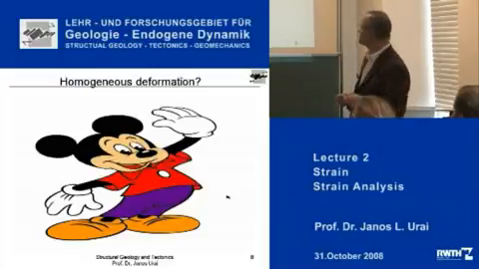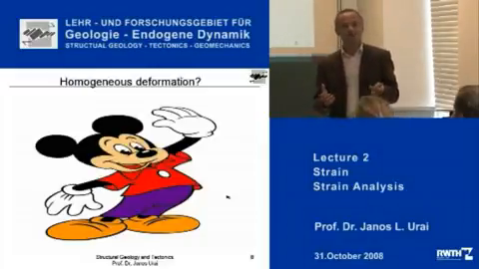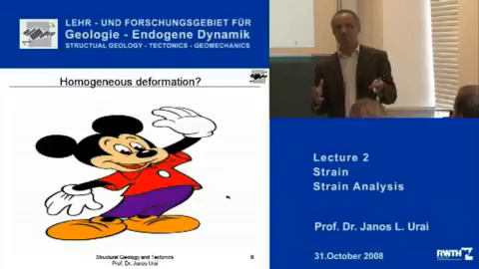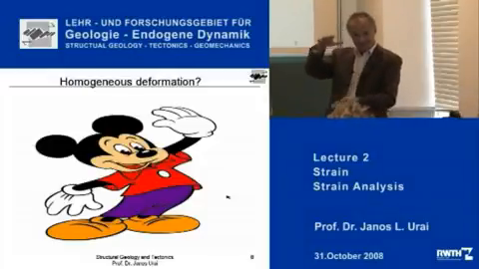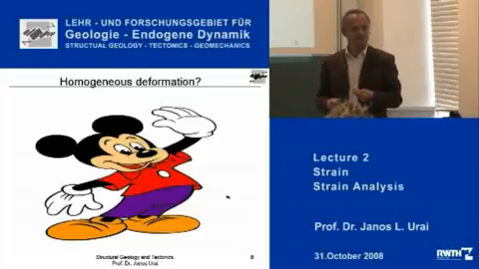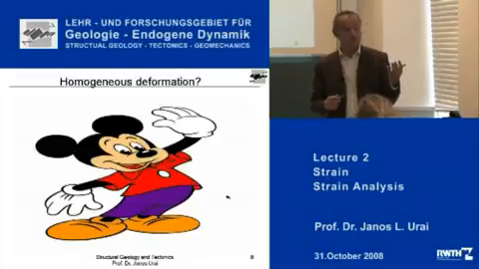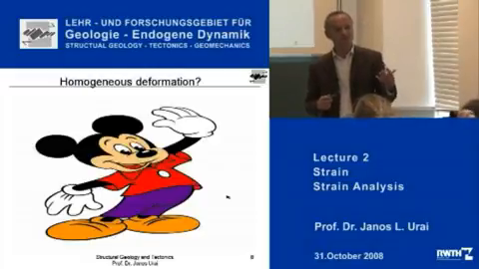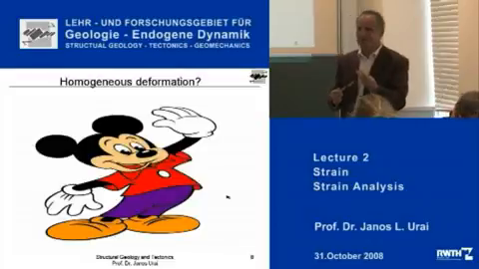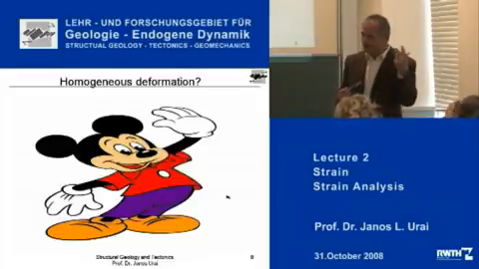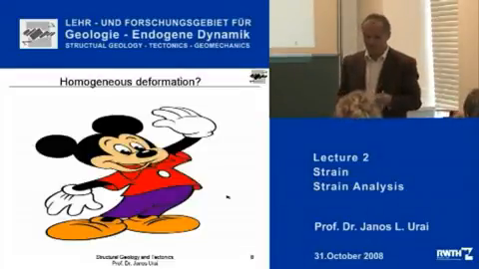It could well be homogeneous deformation. Why? Because we all know Mickey Mouse, and we have seen it many, many times. And we can imagine, yes, this is just a little bit flattened version. So understanding deformation in rocks, where we are seeing the products, the deformed products, always involves knowing how it looked like before. That's very important.